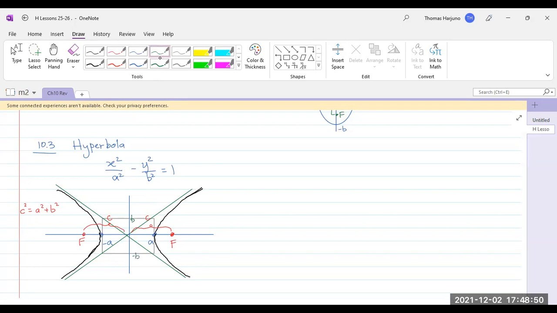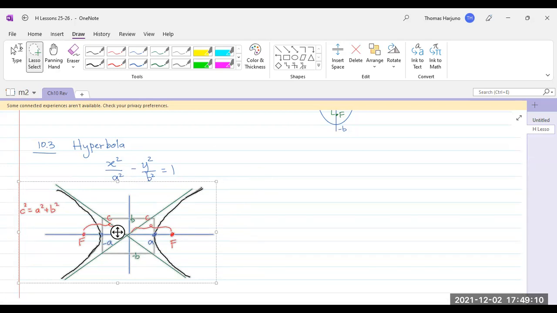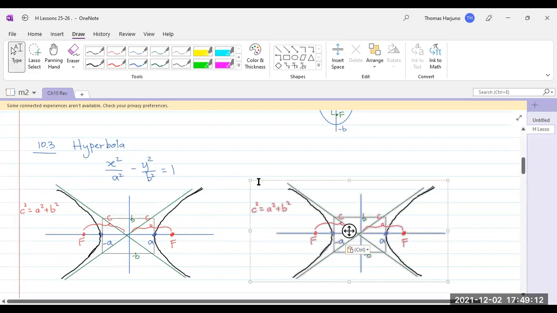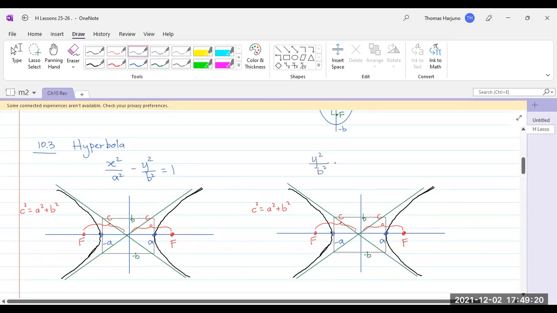Now, suppose on the other hand I make the graph like this. Let me copy paste this. What I want to say is, suppose I change it so the y squared over b squared term comes first, minus x squared over a squared equals 1.